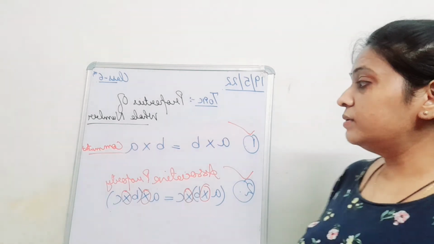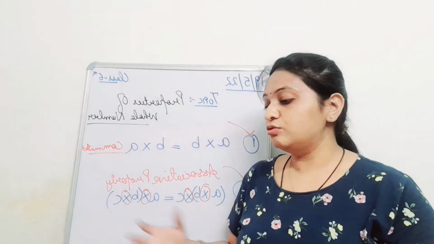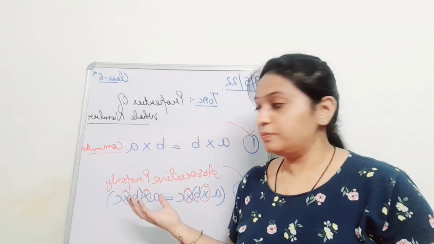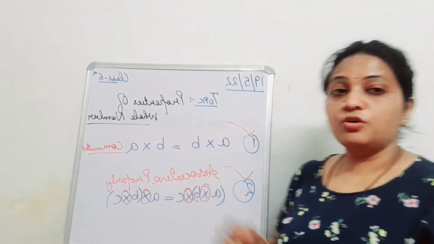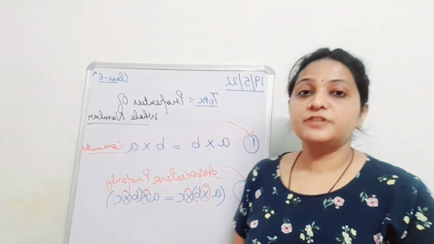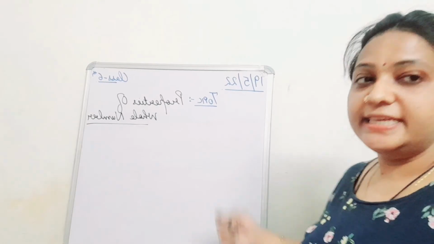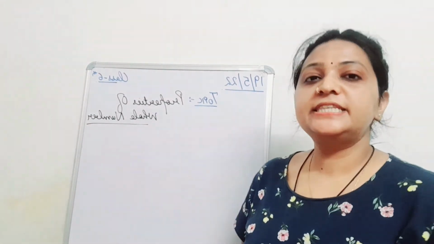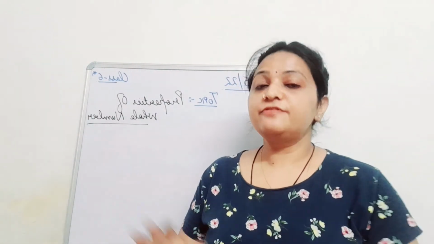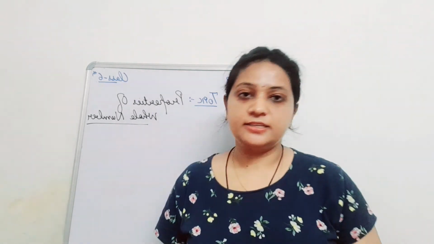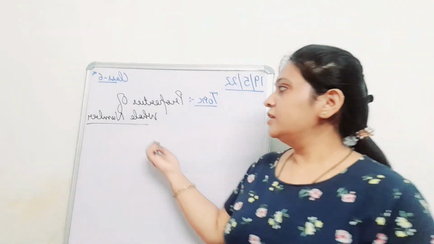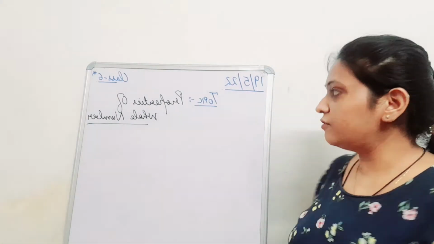So I hope this is understood to everybody. Okay. So in the next class we will learn about another type of property. Okay, so let's recapitulate what we have done in today's class. Yes, students, anybody stand up and share whatever we have done in today's class. We have studied the properties of whole numbers.